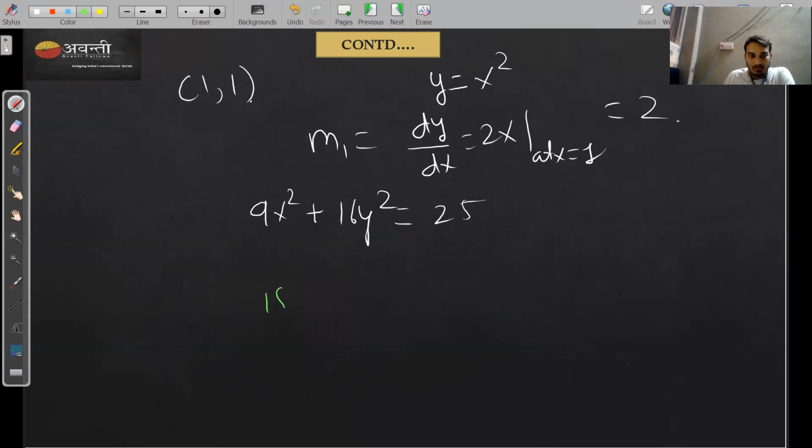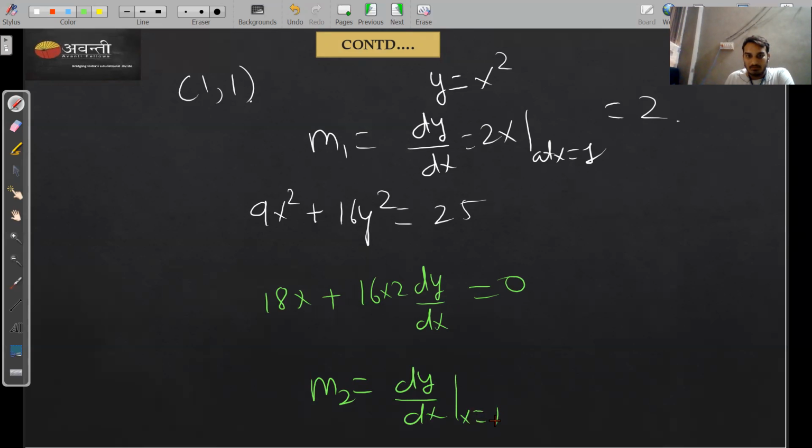So what do you get? 18x plus 16 times 2 y dy by dx is equal to 0. So m2, which is dy by dx at x equal to 1 and y equal to 1, you get what? Tell me what you will get.